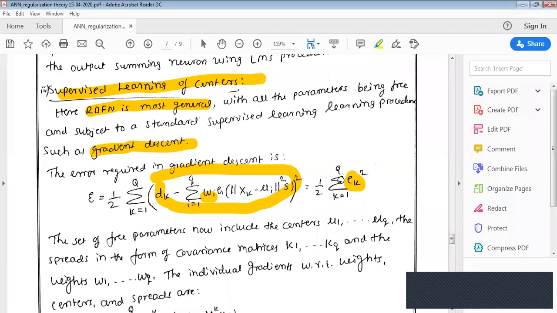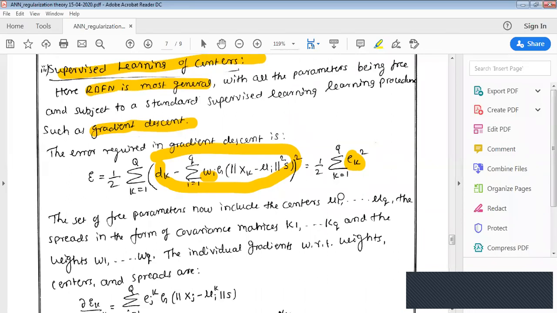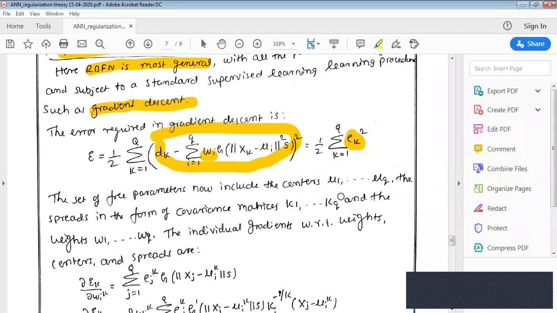This is done for each iteration, and the total error in the network is the sum of the squares of the errors in each iteration. Once you get the total error in this network, for each training set we are going to get different centers, because mu i is variable and xk is your input.